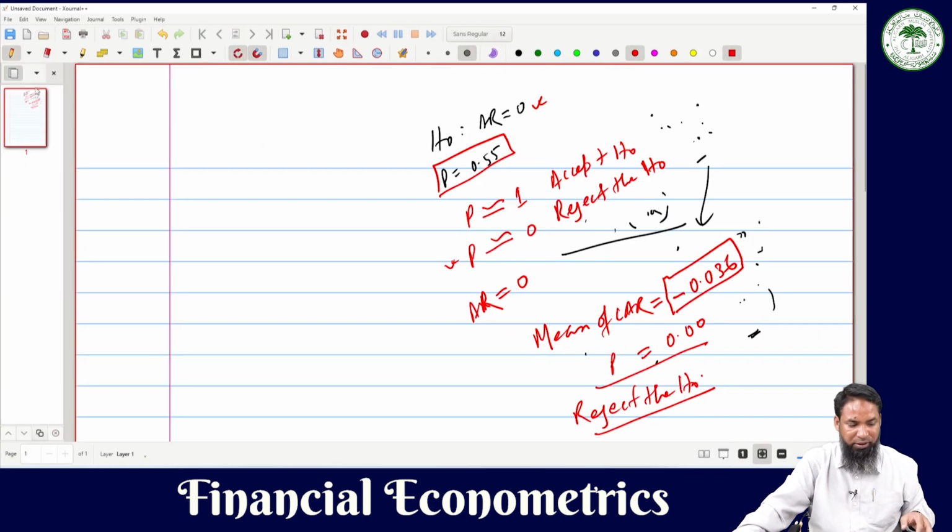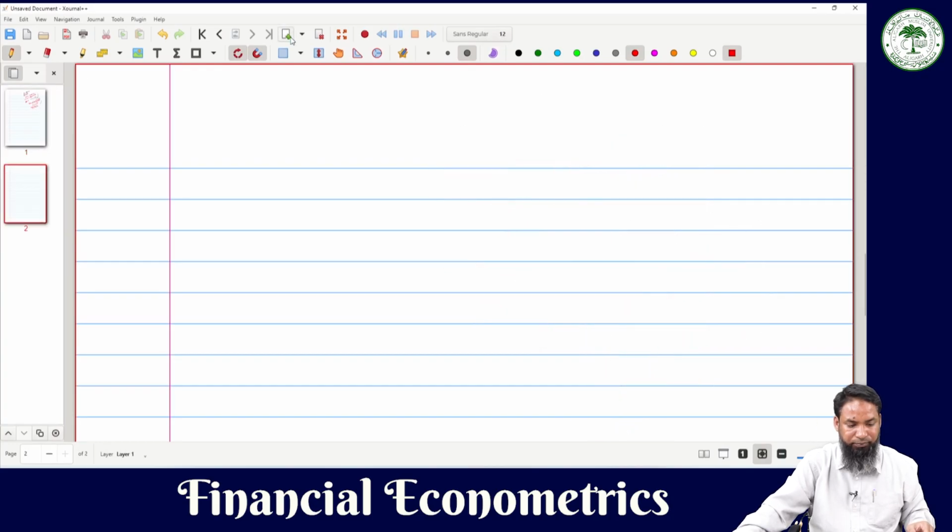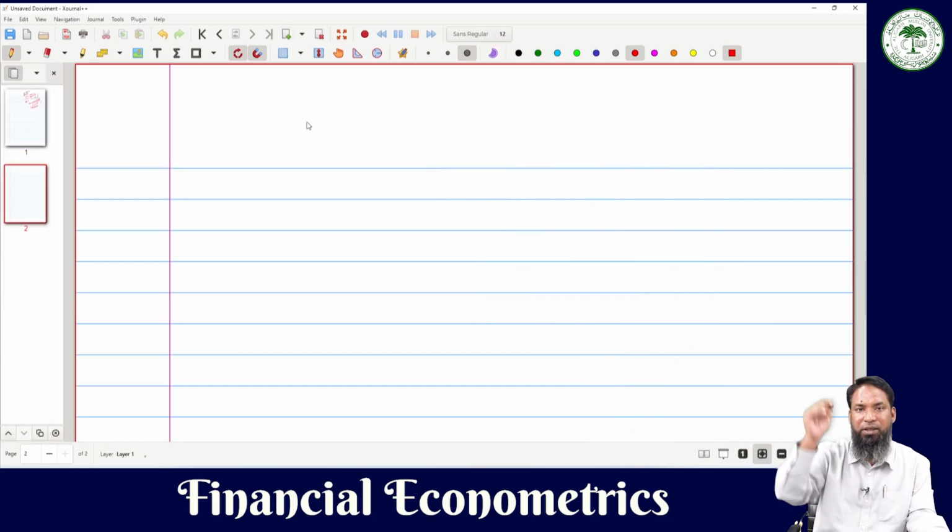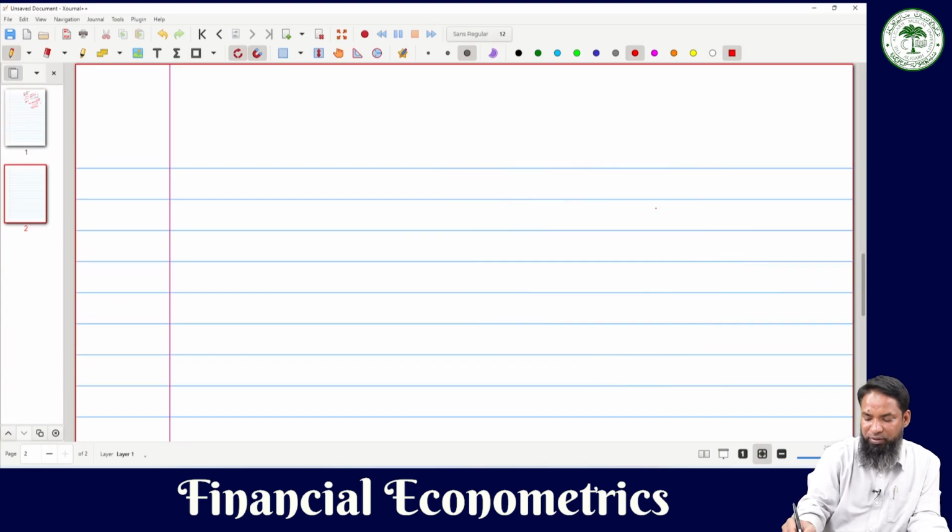If we use the event study timeline, basically what we have here is that the event has occurred here, that is the 24th March 2020.